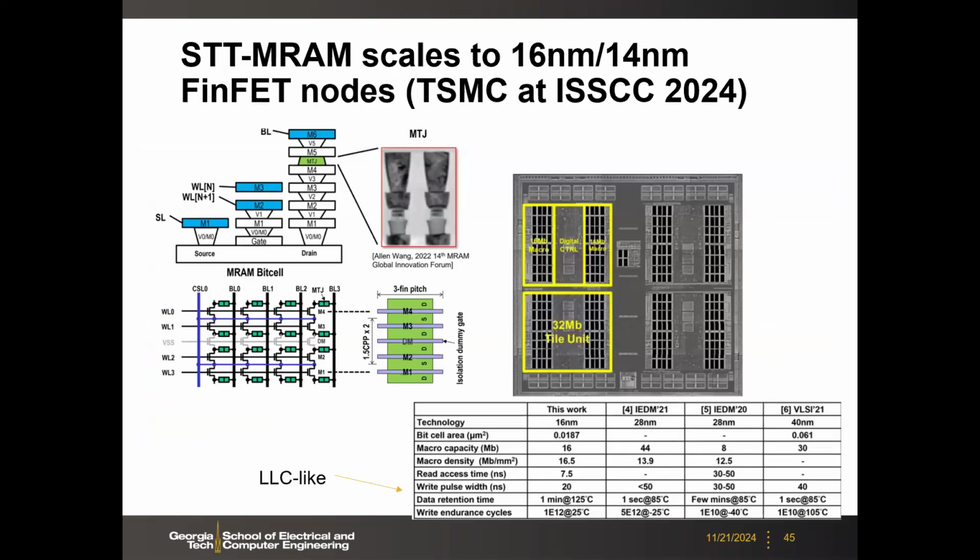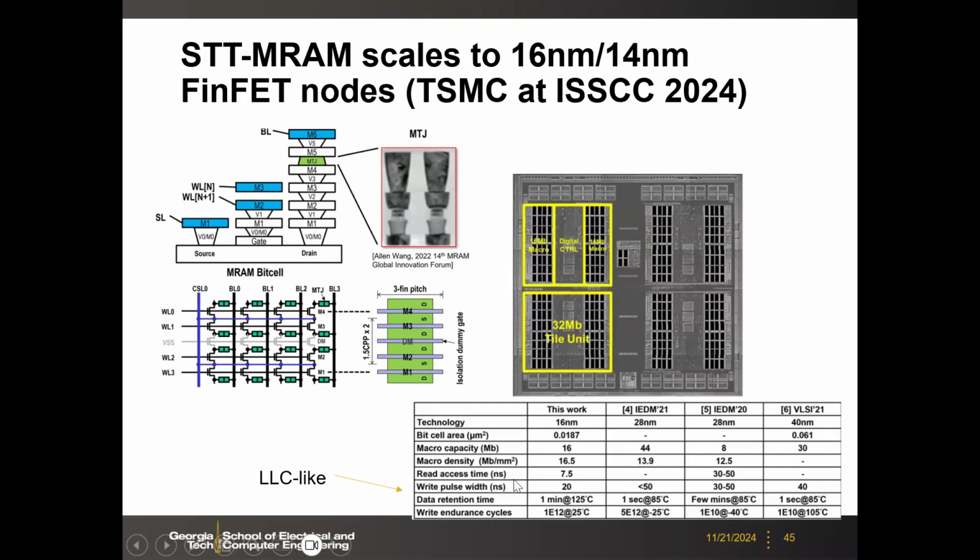Here, I just want to showcase some of the latest progress. This is recent data at this year's ISSCC, where TSMC demonstrated the 16 nanometer FinFET node STT-MRAM. Here, the MTJ is between metal 4 and metal 5.